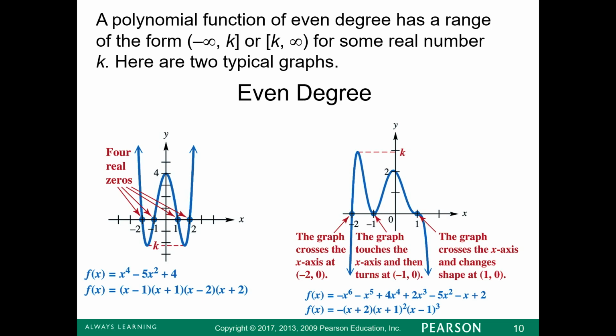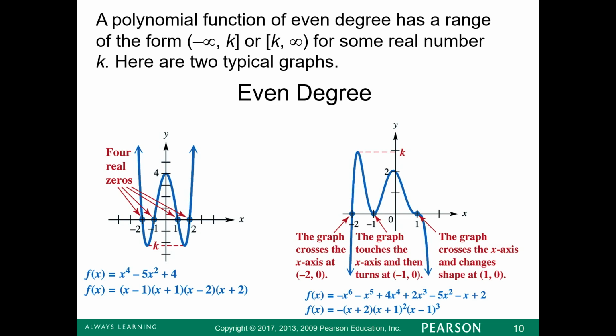The second graph is the graph of the polynomial function negative x to the power 6 minus x to the power 5 plus 4x to the power 4 plus 2x cubed minus 5x squared minus x plus 2. So now, what is the term with the greatest degree? Negative x to the power 6. Is that right? So this is the dominating term.